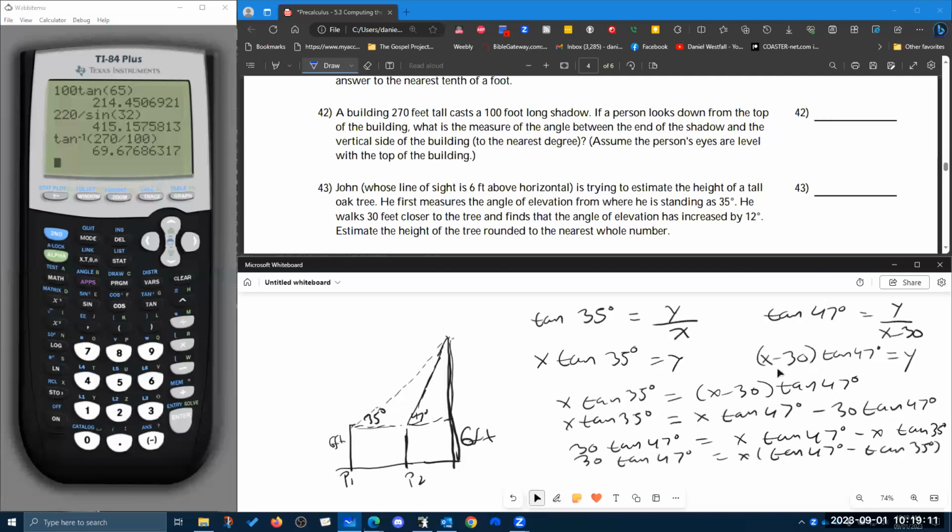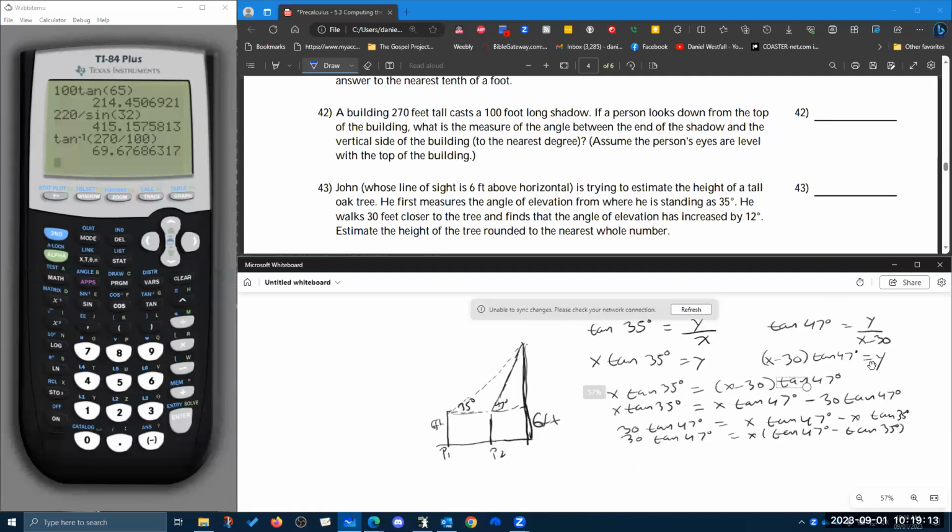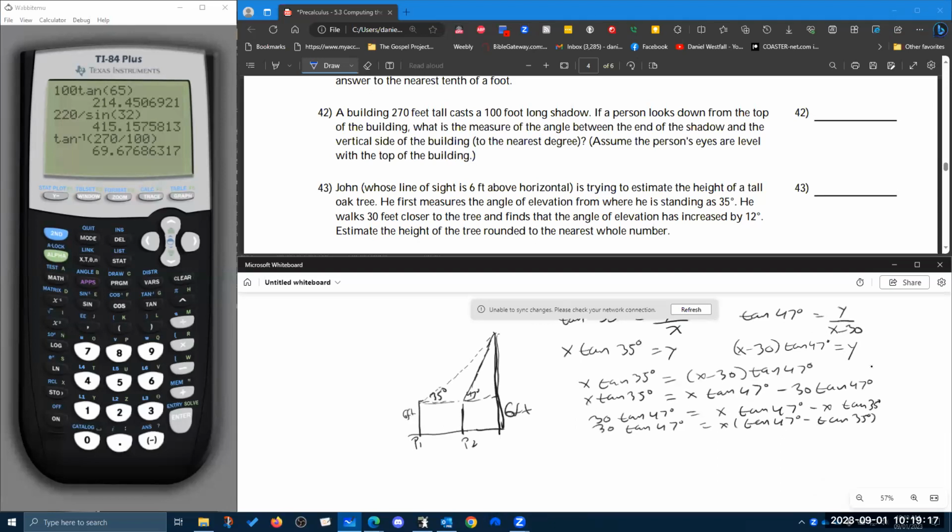And we're going to divide now. That x is equal to 30 tan 47 divided by tan 47 minus tan 35.